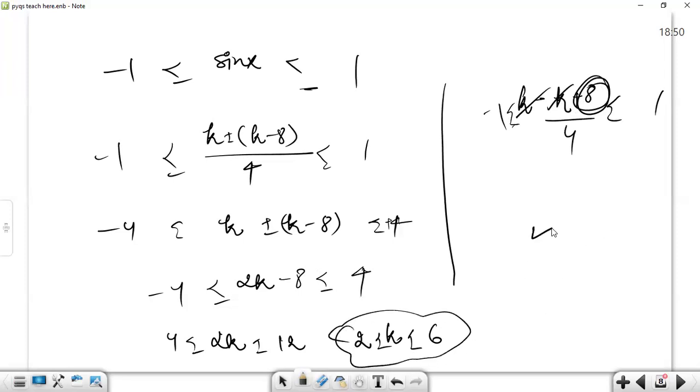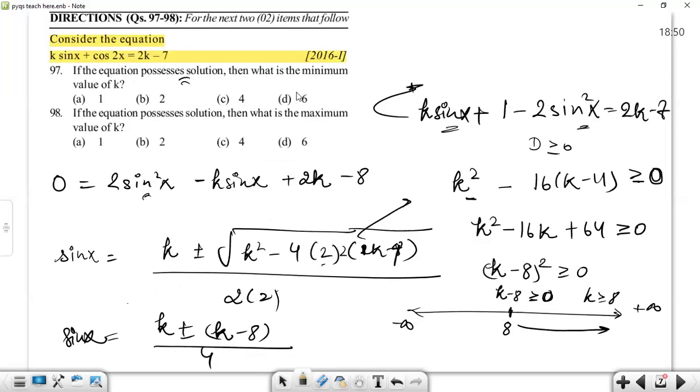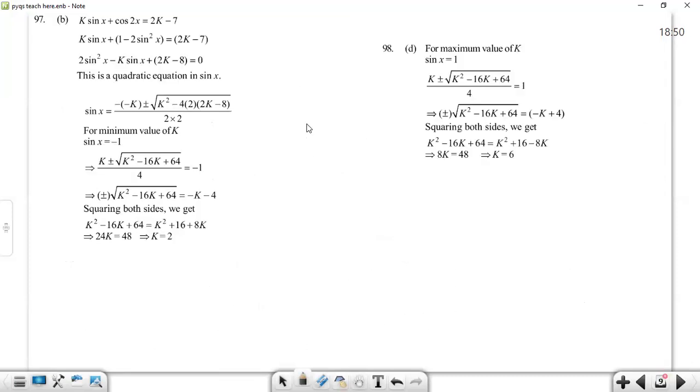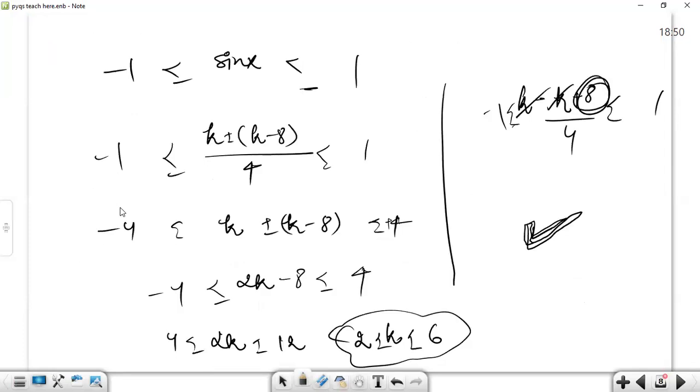Earlier we were also finding it correctly, but the only problem was that we were not considering that sine also has its range. So according to this, the minimum and maximum values of k are these. Correct? Yes, sir. Are you able to understand this solution?